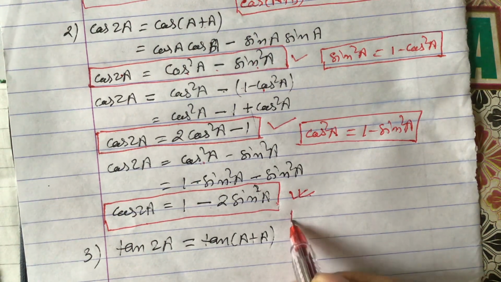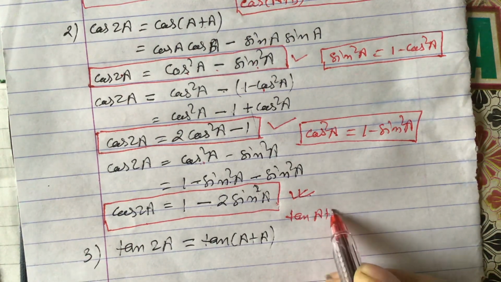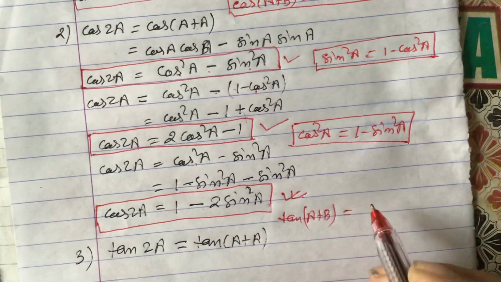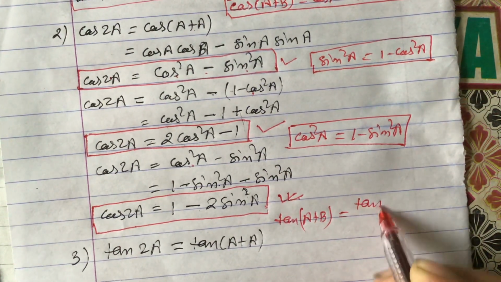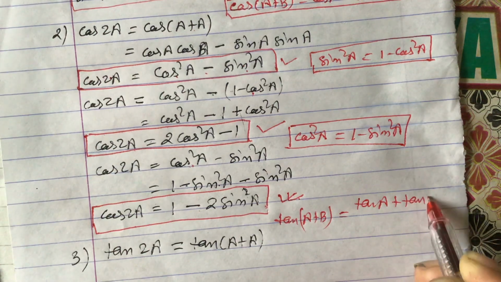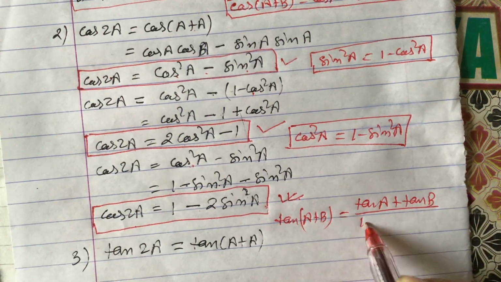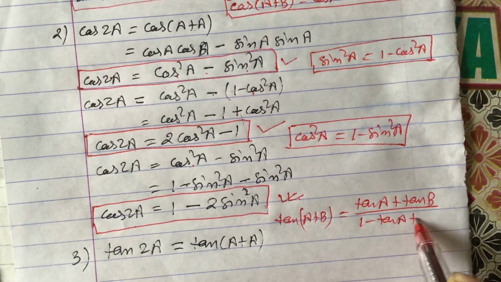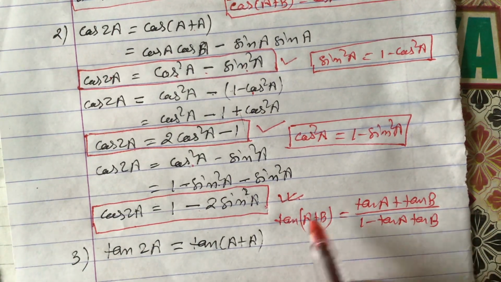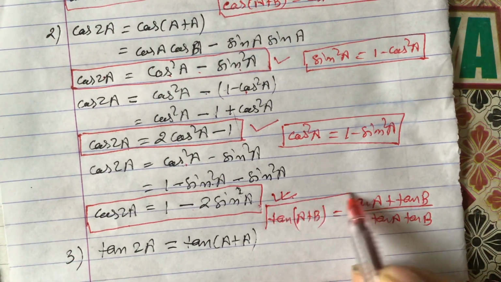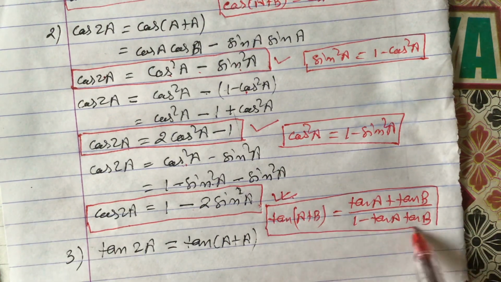The formula of tan a plus b is tan a plus tan b divided by 1 minus tan a tan b. This formula we can apply.